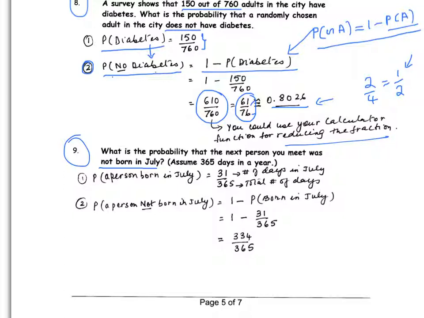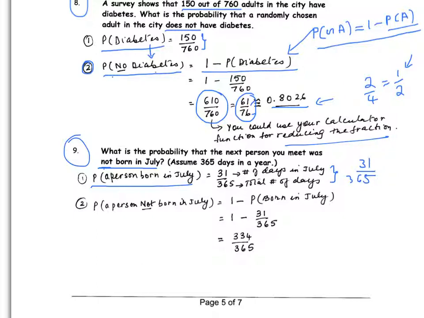The minute you see the word not, that is sometimes a hint. So what is the probability that the person is born in July? July has 31 days. Assume a total of 365 days in a year. So the probability is a ratio. It's 31 over 365. That is the probability that someone is born in July.